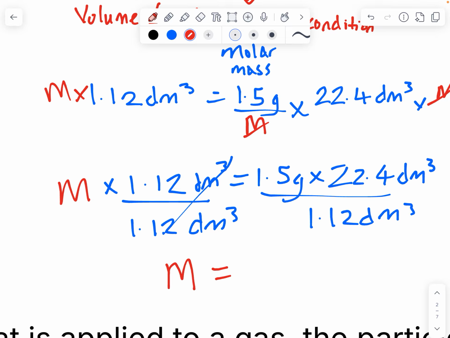What is the molar mass of our gas? Let us work it out. So it's simply going to be 1.5 times 22.4 divided by 1.12, which gives us 30. Right, and since we're solving for molar mass, the unit is going to be g/mol.